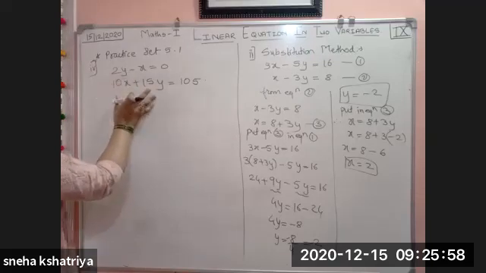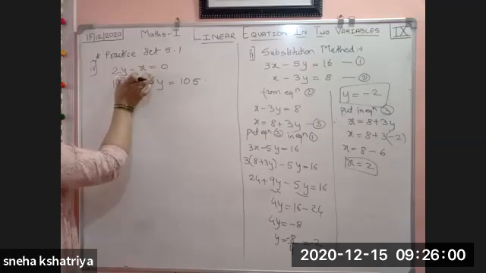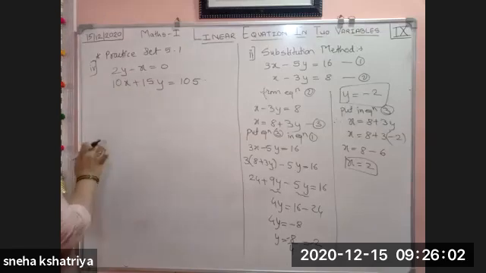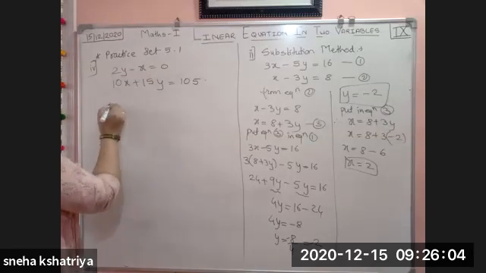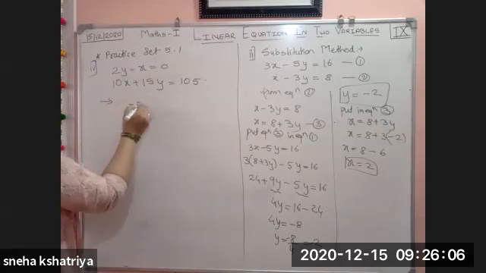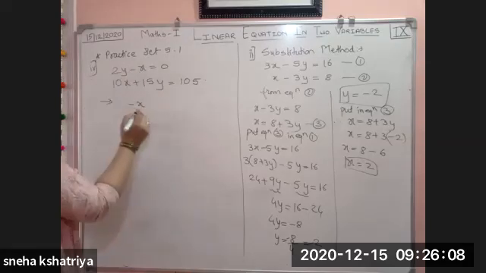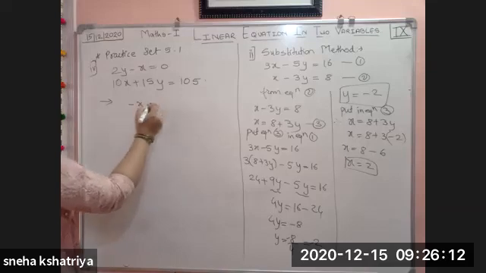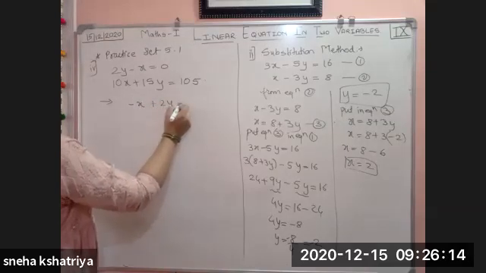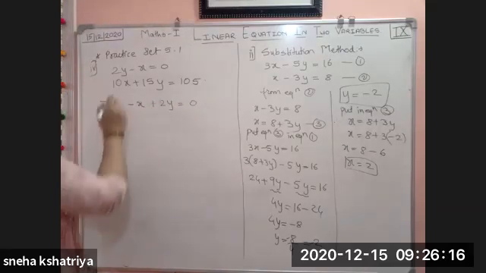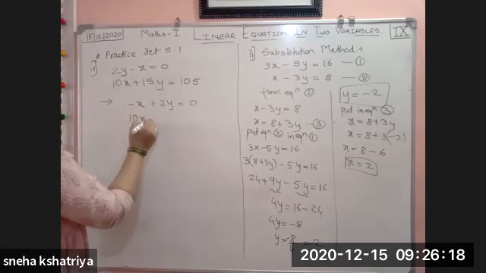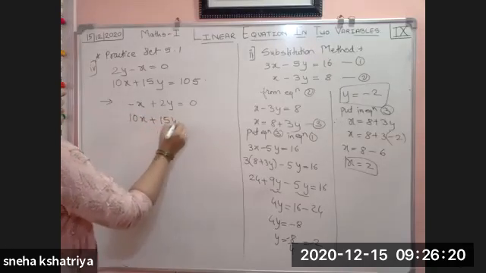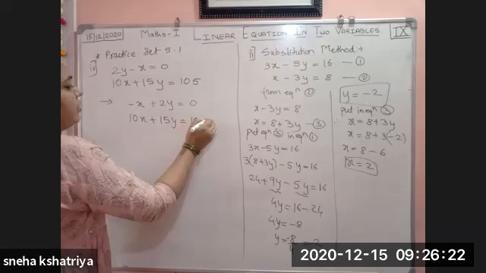So this is not the general form of a linear equation. We have to write it properly. So this equation becomes minus x plus 2y is equal to 0. First x is written, but its sign is minus. And here is 10x plus 15y, which is equal to 105.